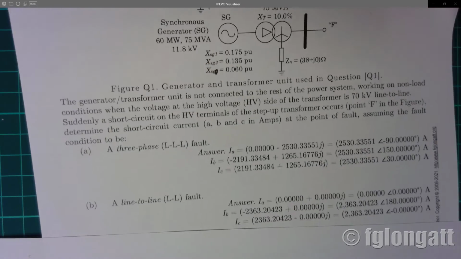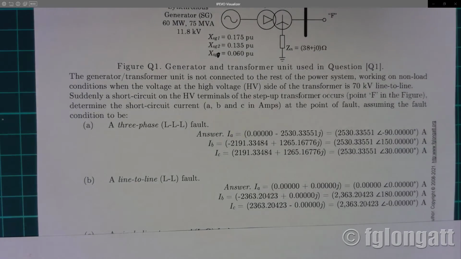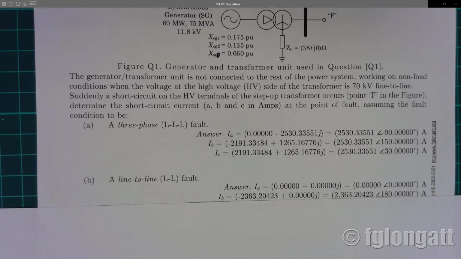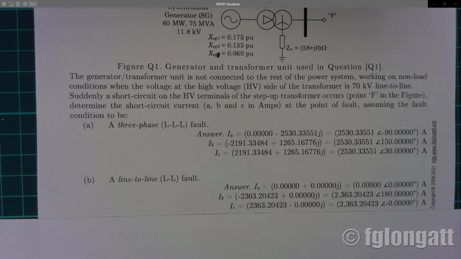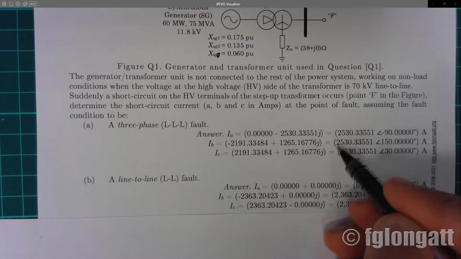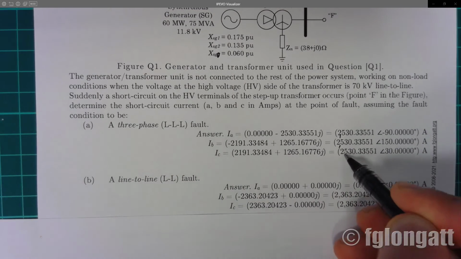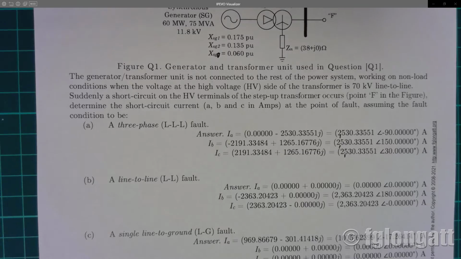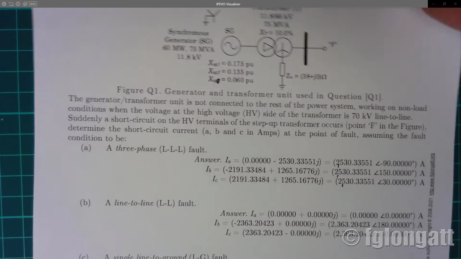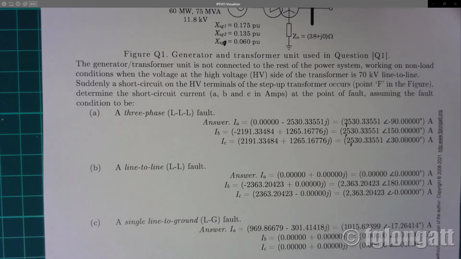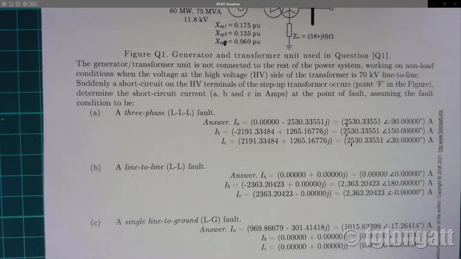The second question is related with a line-to-line fault. And finally, we have here the single line to ground fault. What I'm trying to say is we are solving three different and very important questions in this problem.